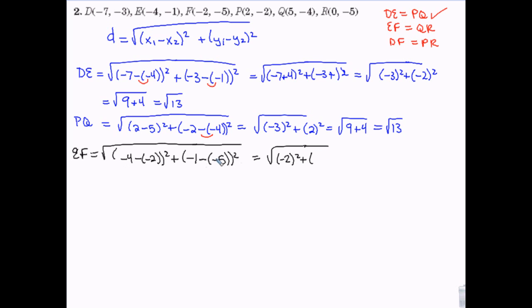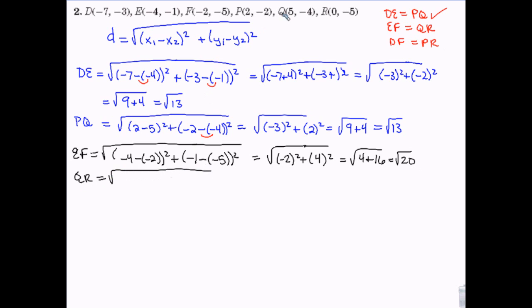I would write this part out first, just because of the minus negatives, to make sure you got the sign correct. And then you could go from here to the answer. And then I have negative 1 plus 5, so that's 4. So this is 4 plus 16, so this is the square root of 20. So that was this one, and now I need to do QR.